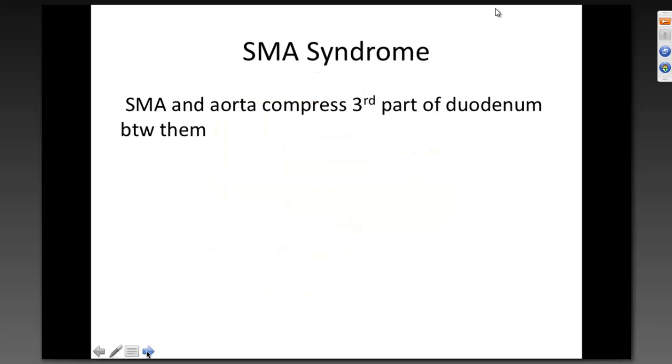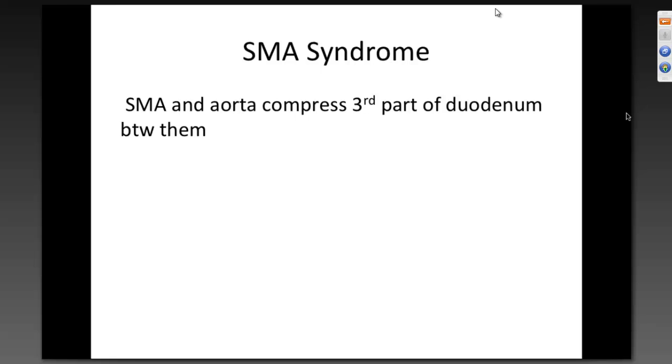Okay, so the second syndrome, we just talked about the Nutcracker syndrome. Let's talk about the superior mesenteric artery syndrome. Now, when I talked about Nutcracker, let's start from the same point of reference. With the Nutcracker, it was the superior mesenteric artery and the aorta, which were compressing something between them. With the Nutcracker, that something was the left renal vein.